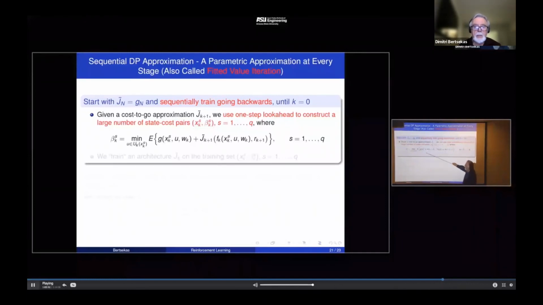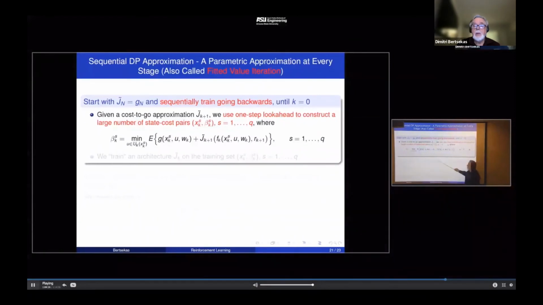So we want to approximate this expression here, right? The dynamic programming expression. So we pick a large sample of states, x_k^s, where there are q of them. Q can be very large. And we calculate this expression here using j tilde from the preceding stage.